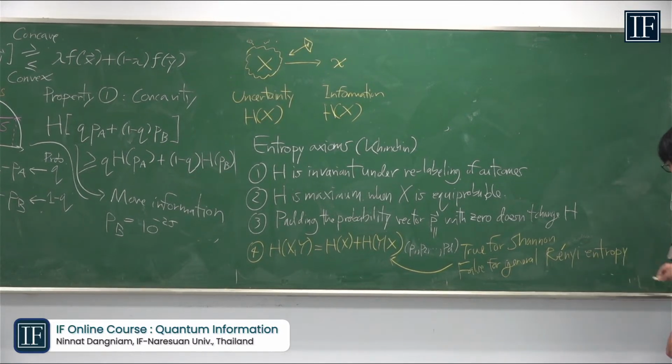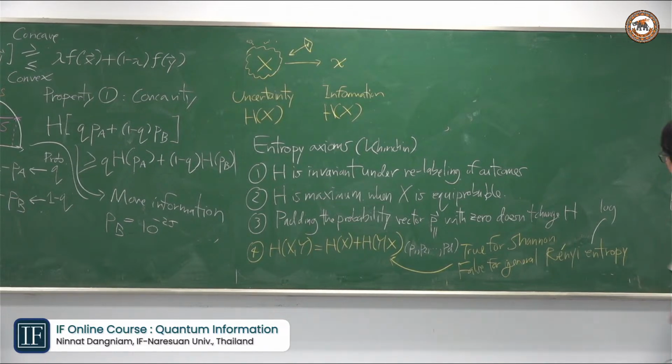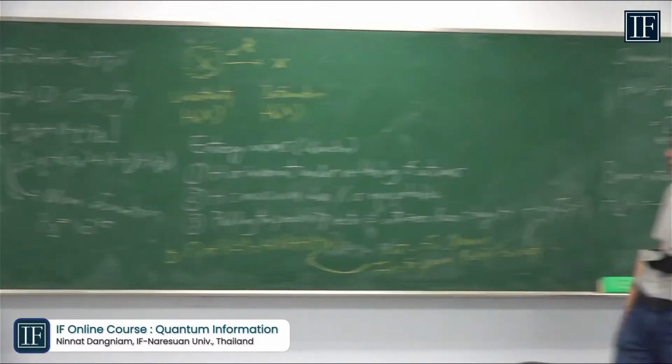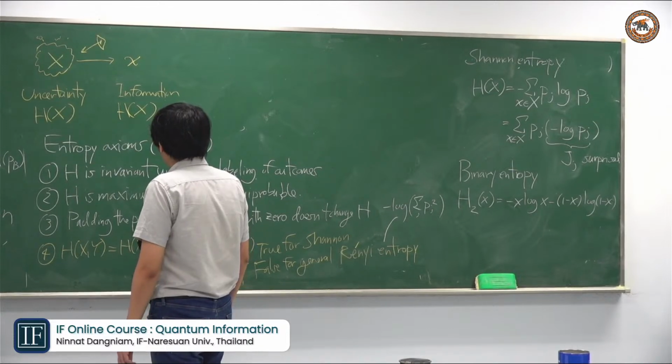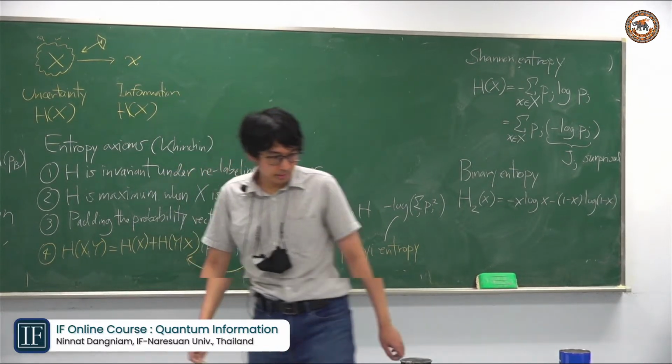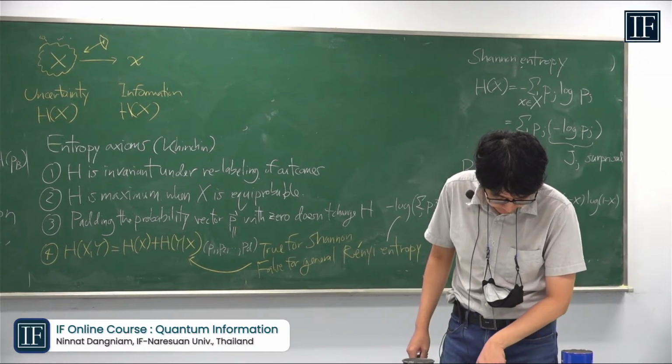And for example, for those who know the purity, the negative log of the purity is also one kind of Renyi entropy. Okay. What else should I say?